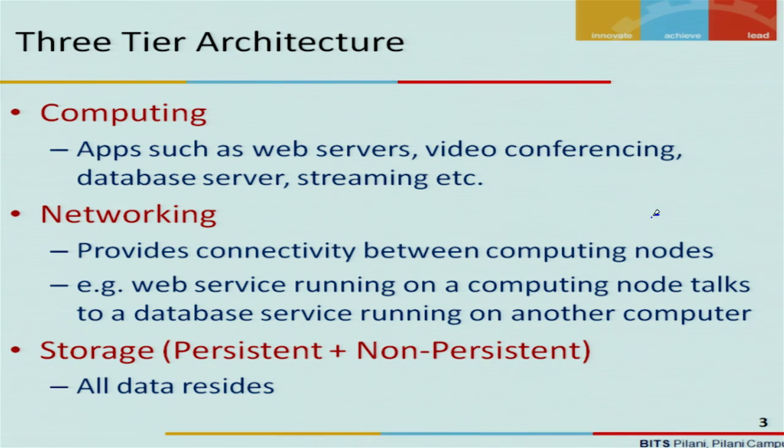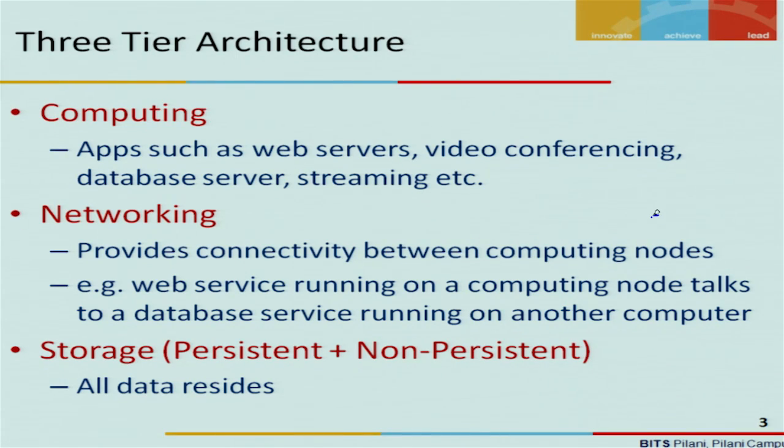Networking provides the connectivity between the computing nodes. For example, a web service running on a computing node talks to the database service running on another computer. And the third part, which is important with respect to this particular course, is the storage. There are two types of storage: persistent and non-persistent.